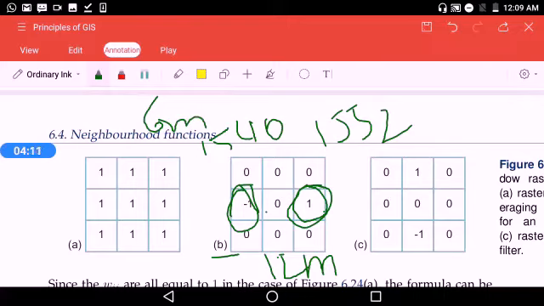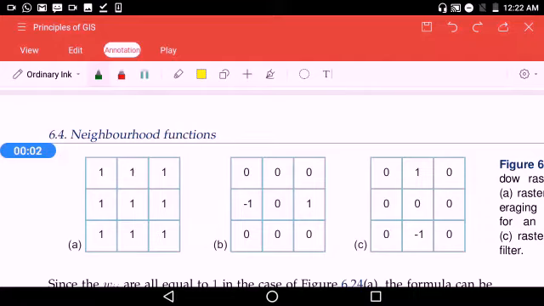Now coming to the Y gradient, that is figure C. In Y gradient there is an increase in the slope from the south to the north. So Y gradient shows the south-north slope difference. So both these filters are expressing the elevation gain per cell width.